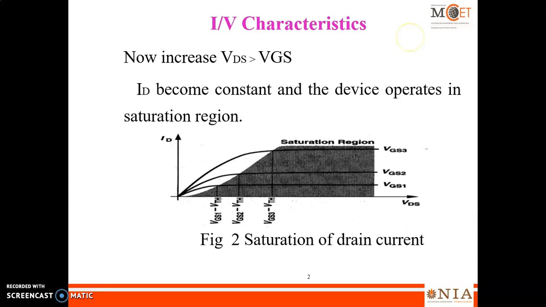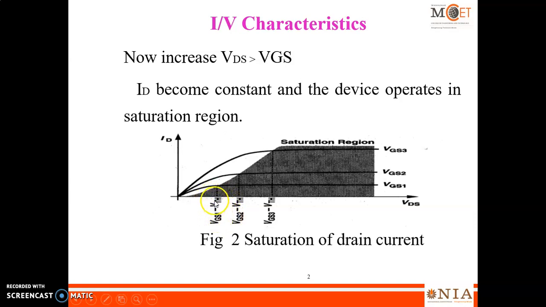Keeping this in mind, now you increase your drain to source voltage, okay, greater than gate to source voltage. So what will happen? Observe this diagram. Now you are increasing this drain to source voltage greater than gate to source voltage.